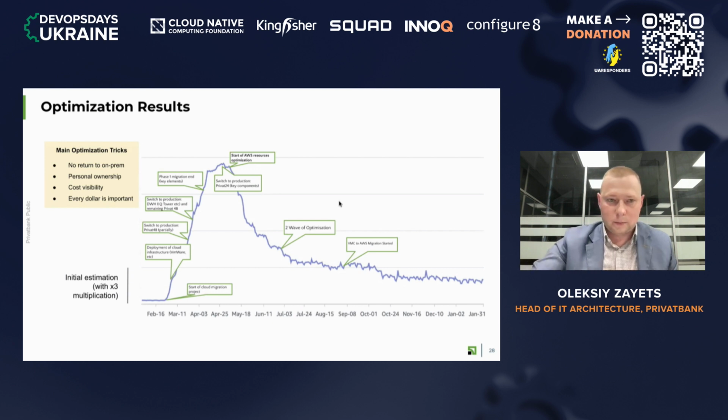From a managerial perspective, we used different tricks, because a lot of teams want to keep and save their on-prem configuration. We set up a rule: no return to on-prem. Personal ownership and cost visibility were achieved by tagging.